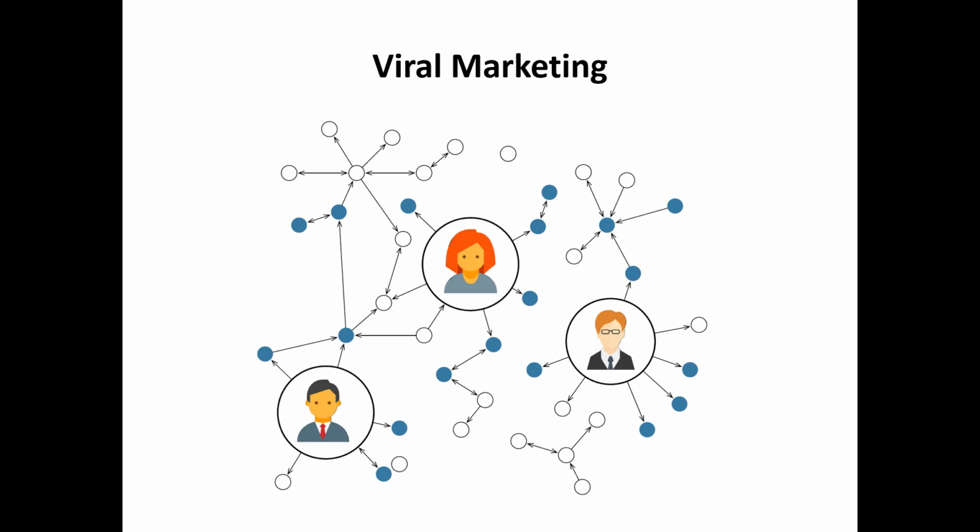Another example is viral marketing. Assume a company has produced a new product or device and wants to do marketing over a social network. So the company offers this new product to some people for free in this social network in order to advertise it.